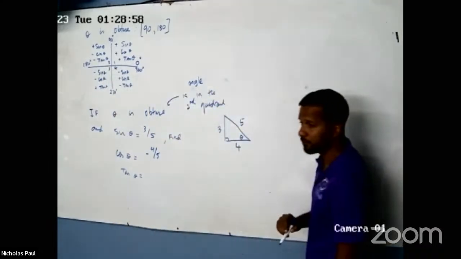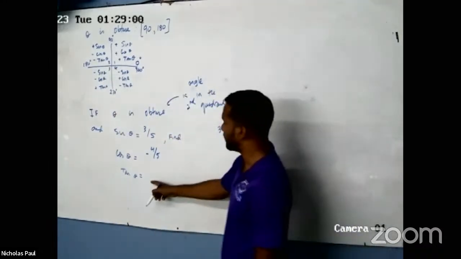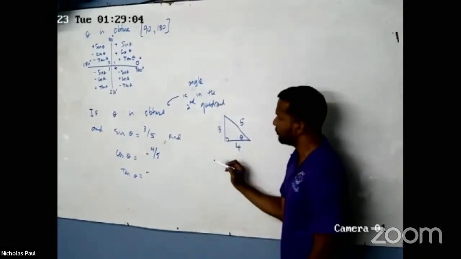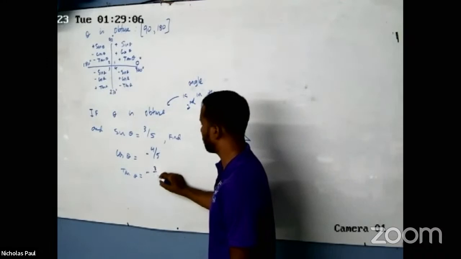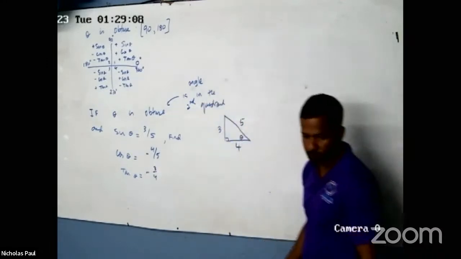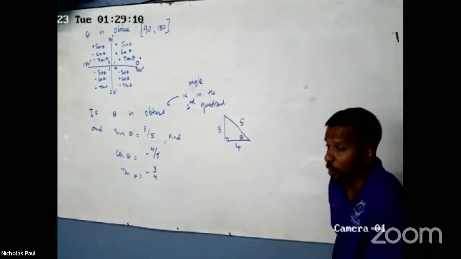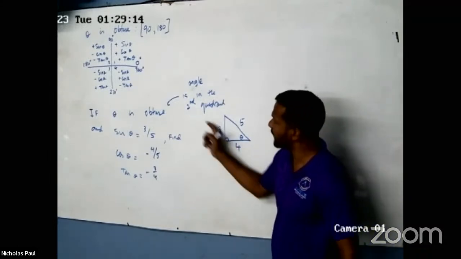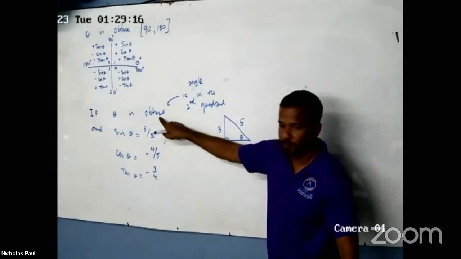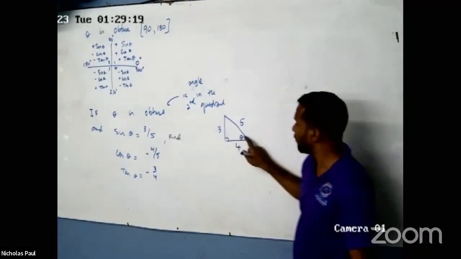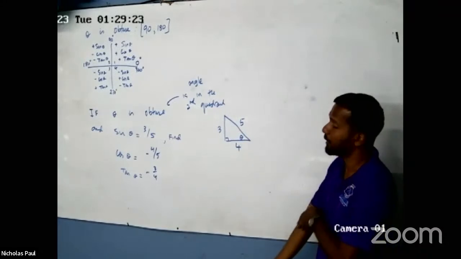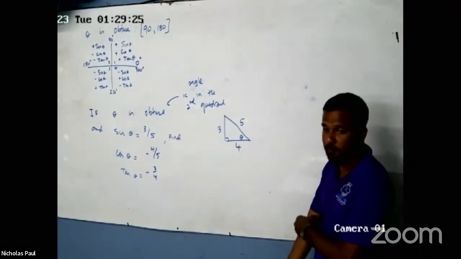Are you okay with that? And tan is negative as well. So nothing changed except the sign. Why did the sign change? The sign changed because the angle is now obtuse. So you have to look and see if the angle is obtuse or if the angle is acute.